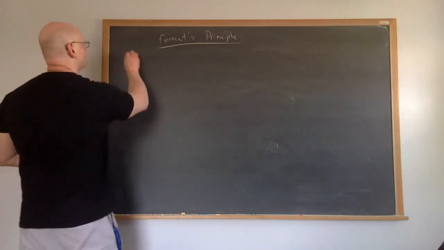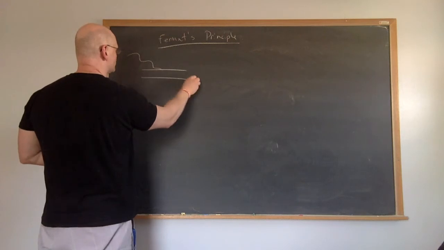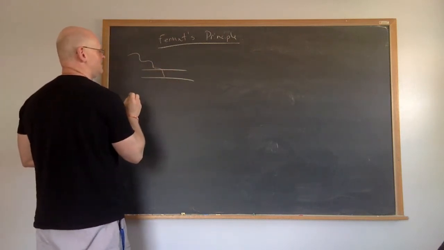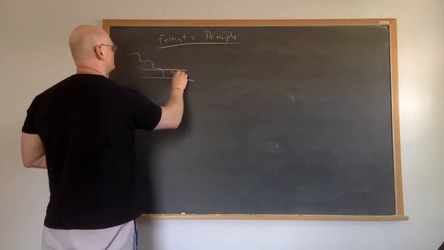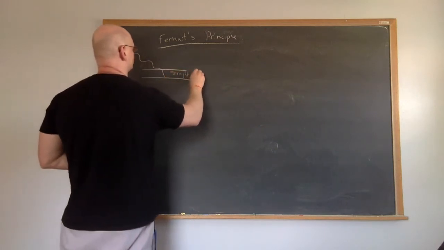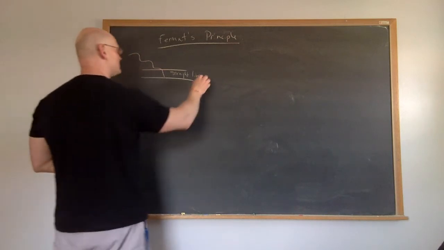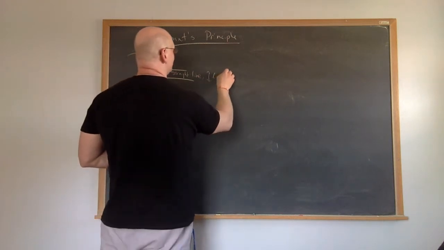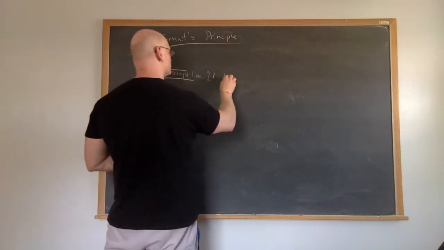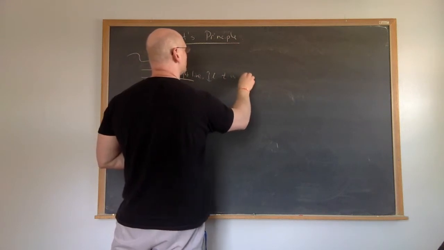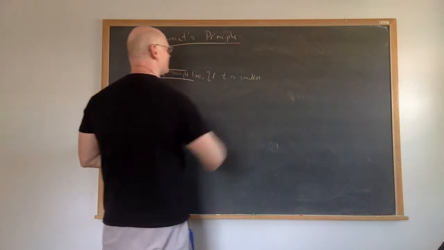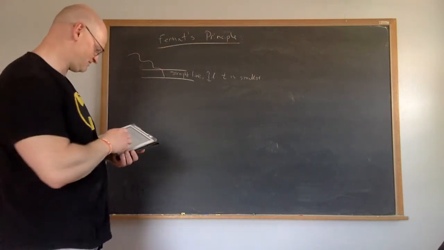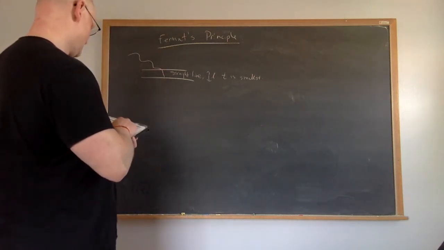So basically, if I have light which is coming in and then strikes some sort of dielectric, then the path which the light chooses, which is also a straight line, is the path such that the time it takes to go through this dielectric, so let's say this has a length of L to it, is the shortest amount of time. So t is smallest. So it seeks the path which extremizes the time, the shortest amount of time. I think we talked about this in 206, but if not, I apologize.